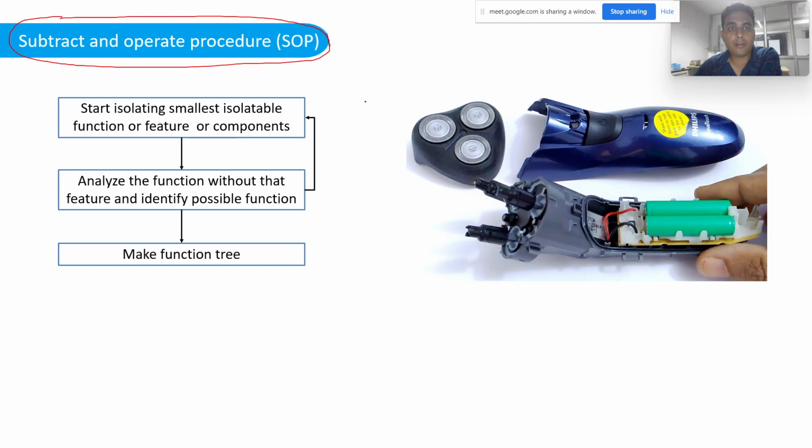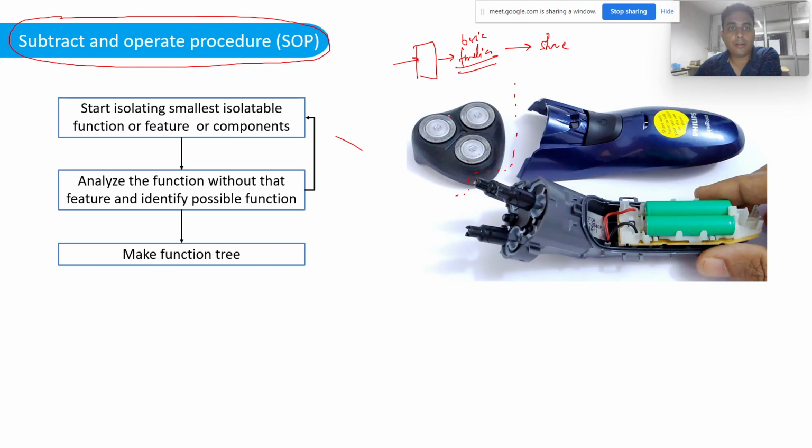For simple products, as I told before, like an electronic shaver or a juicer, a product having a single basic function, the function of a shaver is primarily to shave, right? Products having fewer complications and minimum functional blocks can be easily functionally decomposed using this technique, which is the subtract and operate procedure.